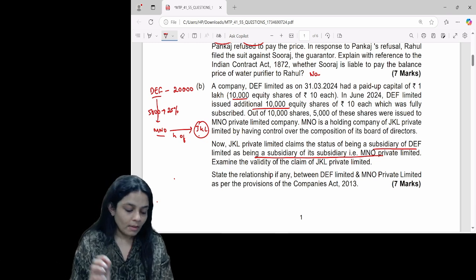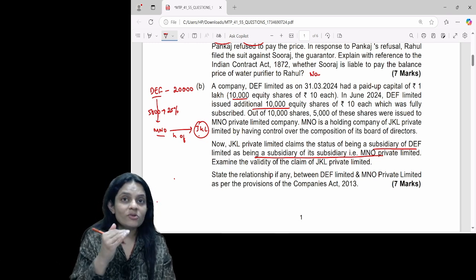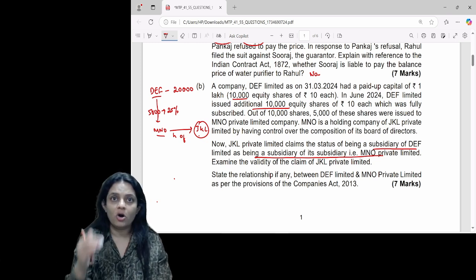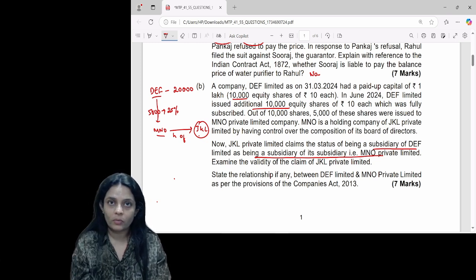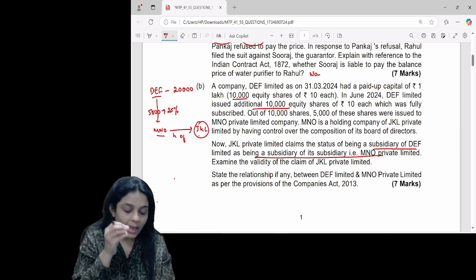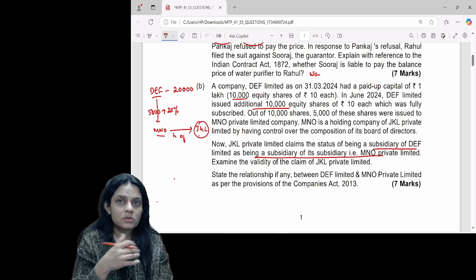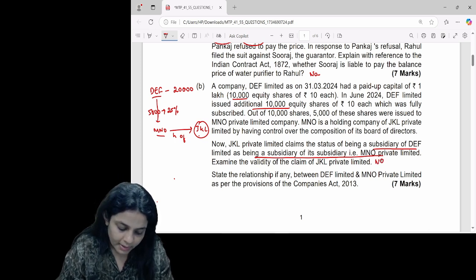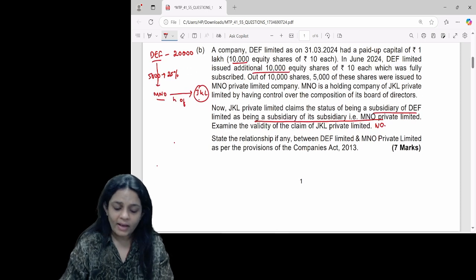Not possible. First, MNO is holding shares in DEF. DEF is not holding shares in MNO. So DEF will in no situation or condition be the holding company of MNO. Here, MNO is holding only 5,000 shares. So there is no holding-subsidiary relation. So is it correct? This is not correct. So the claim is not valid.